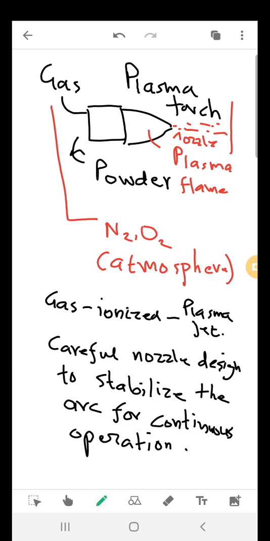And mainly, as I have already told you, you have nitrogen, oxygen, as well as argon, and a small addition of hydrogen is used as the gas.